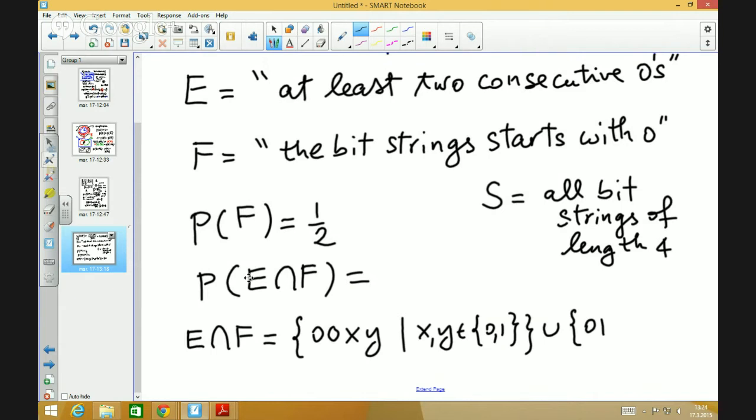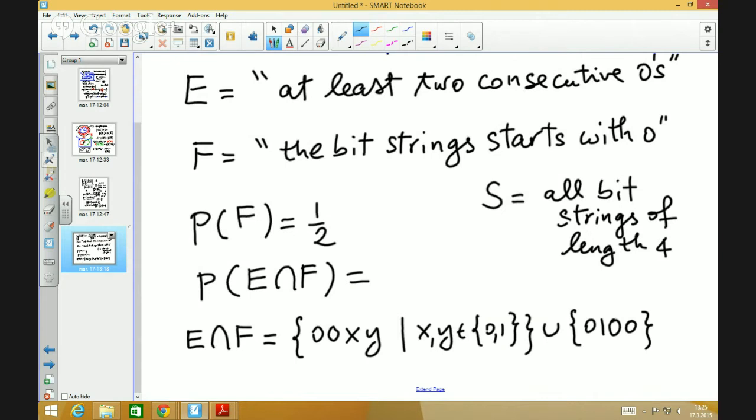Zeros. So that's the only other possibility. Okay, so if the string starts with 0, 0, then anything goes. If the string starts with 0, 1, since you want to see 2 consecutive zeros and the bit string is of length 4, the string must continue with 0, 0.